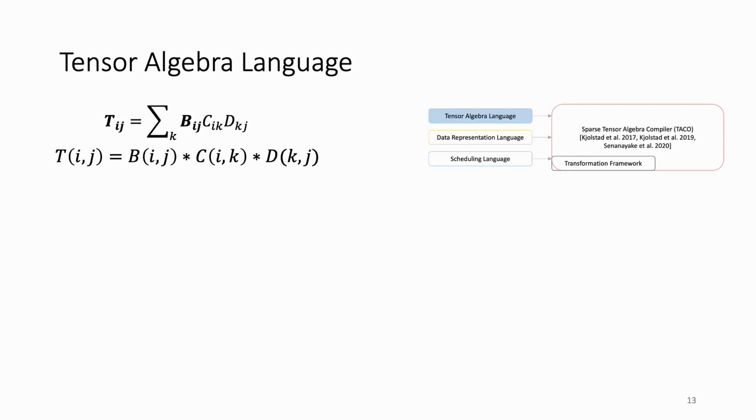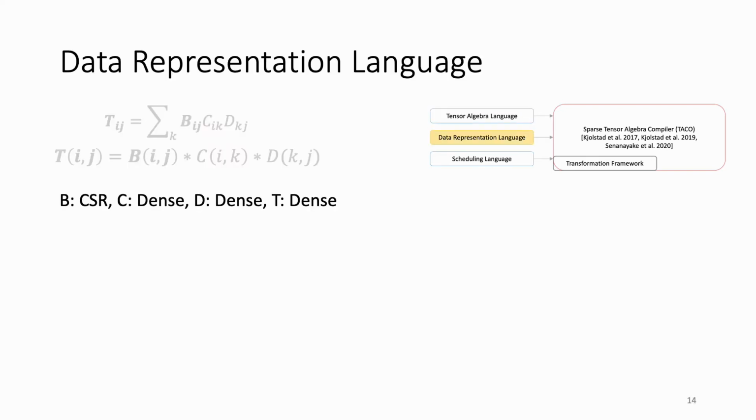Before going into our new scheduling transformation, let's briefly look at the components of Taco. You can use the tensor algebra language to define the actual operation. You can define the type of the tensors in the computation using the data representation language.